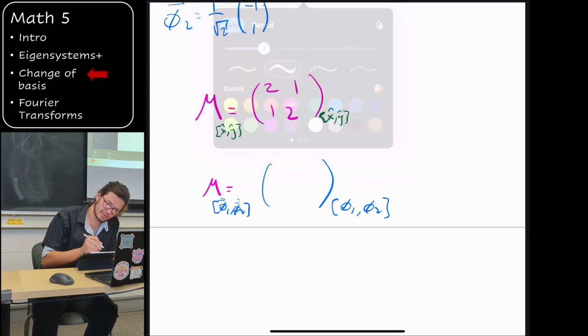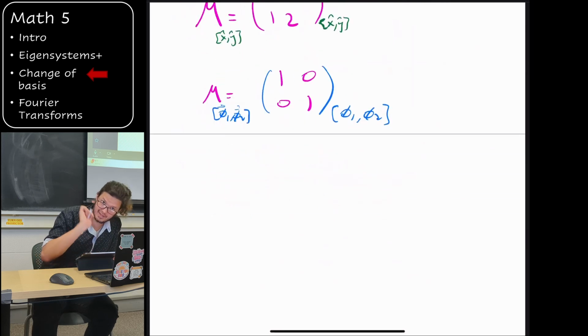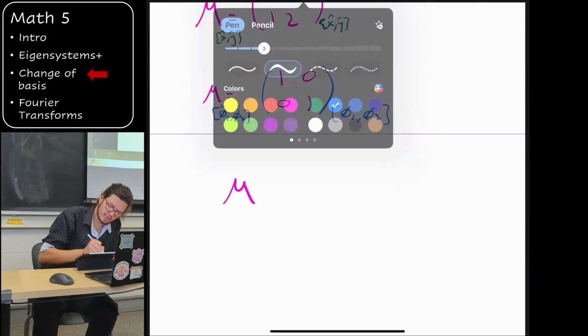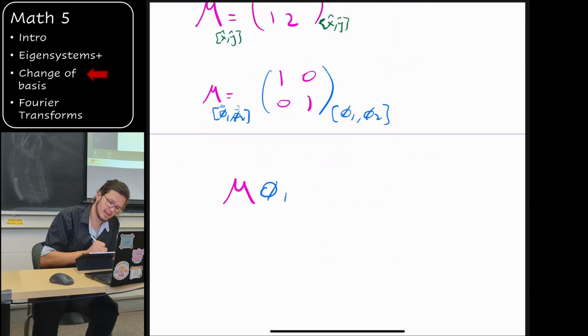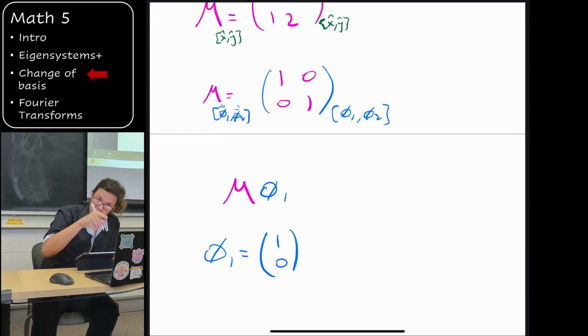Let's unpack that. So you're saying I should put a 1, 0, 0, 1. Let's think of the implication of what you suggested. That means that M in these bases acting on the vector phi 1. By the way, how do I write phi 1 in the phi 1 and phi 2 bases? 1, 0. Yes. So this means, let's test your hypothesis.